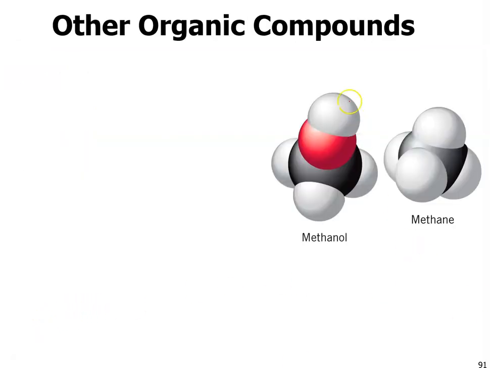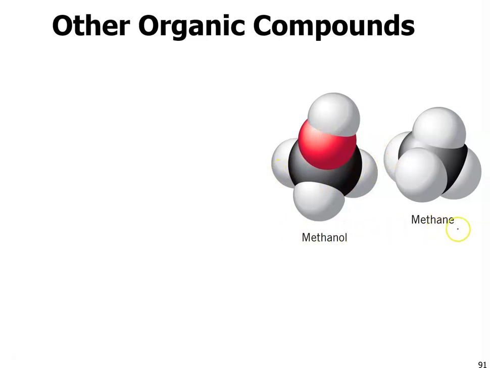And we can have other functional groups here. If you remember how that works with these balls, this would be an oxygen. And so when we have an OH group, oxygen and hydrogen, on a carbon, that will form a functional group called an alcohol. If we add an alcohol onto a methane carbon group, this creates methanol.